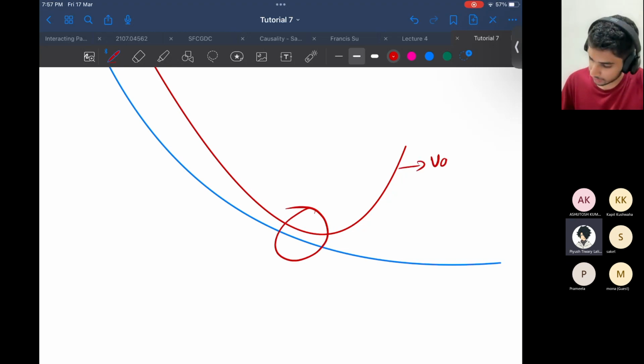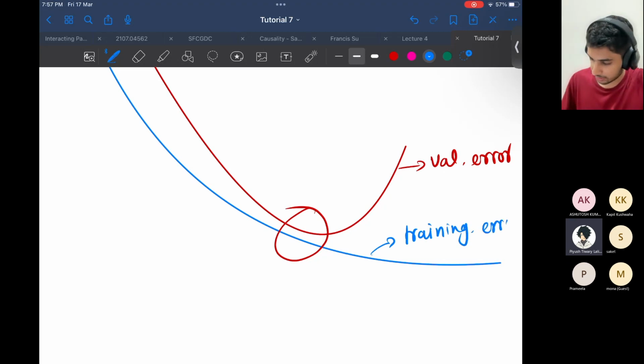This is the validation error, and this is the training error. Don't confuse it with the bias-variance trade-off. You can compare it, it is actually the same thing, but it can get confusing. So this is the sweet spot that you want.